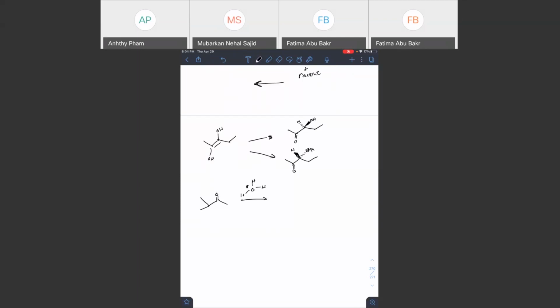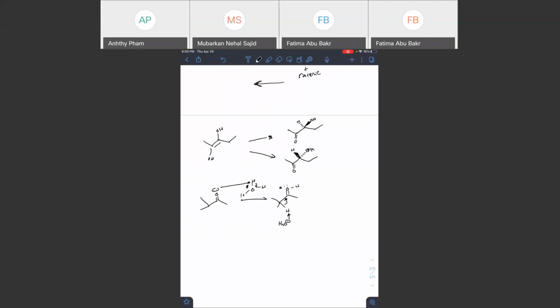The O from here is going to grab a hydrogen. This is our regular starting thing. Then at that point we have this. And then also at this position, we have an acidic alpha hydrogen that's going to be taken.